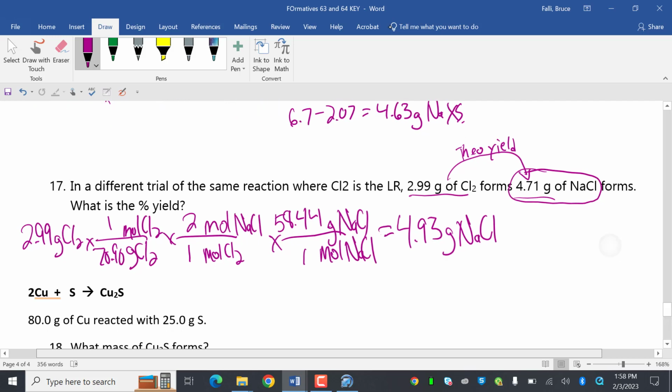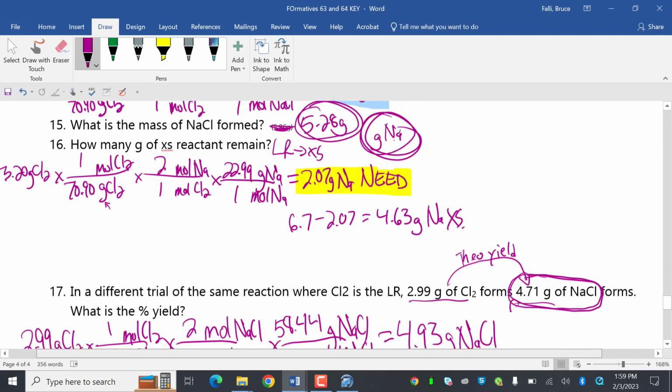So remember, percent is part over total times 100%. My part is what they told me I got right here: 4.71 over 4.93 times 100. 4.71 divided by 4.93 is 95.5%. Whoa.